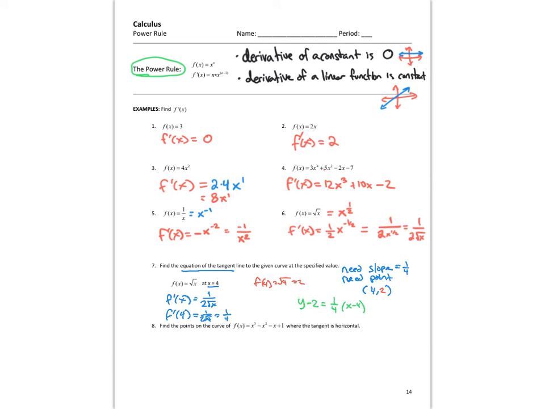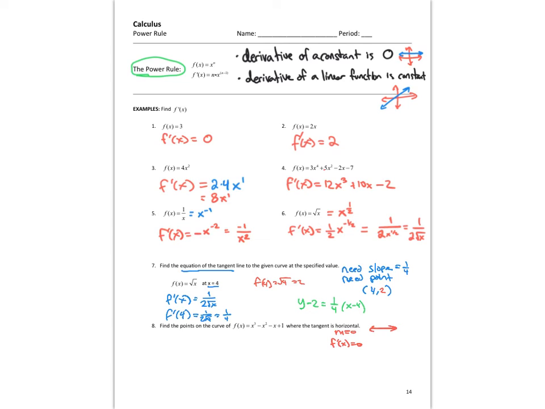Okay, and finally, number 8. Find the points on the curve where the tangent is horizontal. So if it's going to be horizontal, I know I'm going to get a line that looks like this. So that means I'm looking for m, the slope, to be 0, or better yet, the derivative to be 0. I want to know when is the derivative 0.